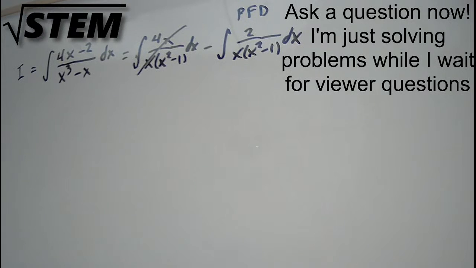If it was x squared plus 1, we would have the very easy tangent inverse antiderivative. Maybe that one will be partial fractions as well.